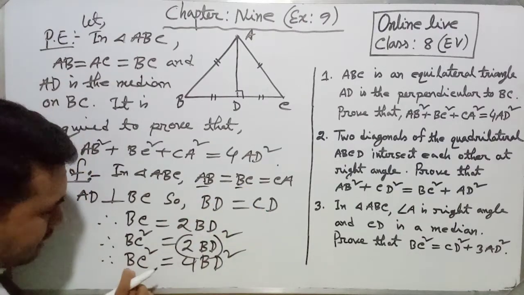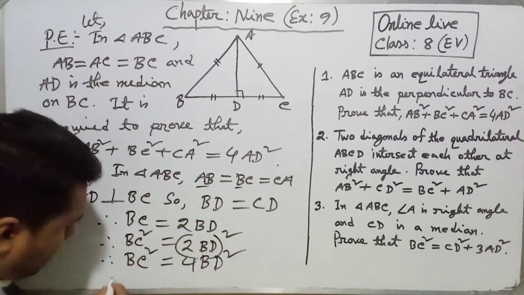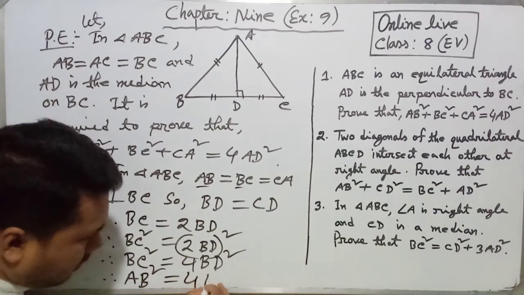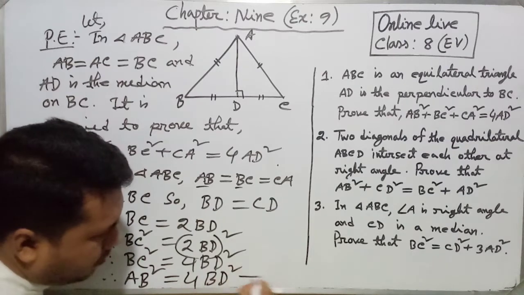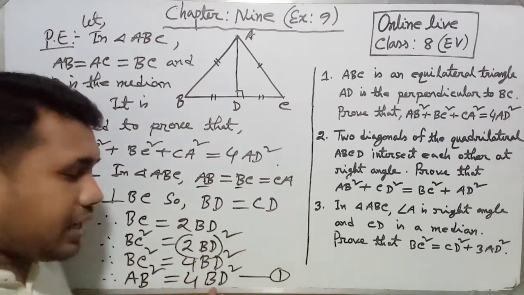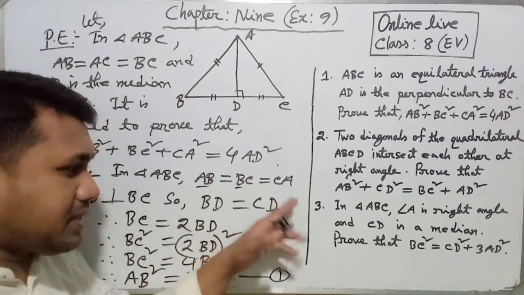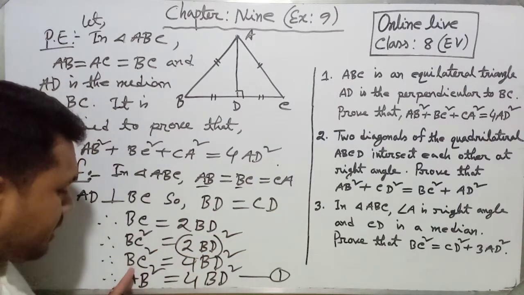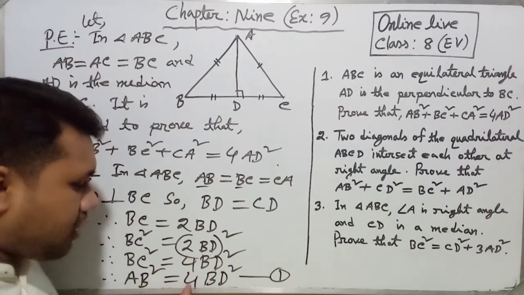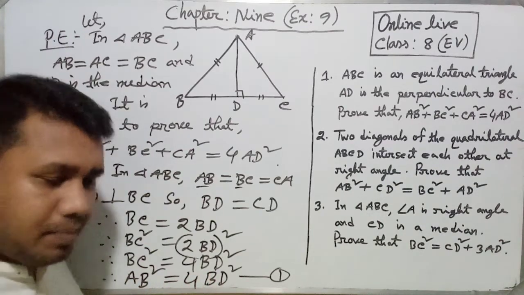So we can write AB for replacing BC. So it will be AB square equal 4BD square. Suppose this is our equation number 1. Also CA square we can write 4BD square because AB, BC, CA are all the same. So we can say BC square equal 4BD square. So AB square will be also 4BD square.